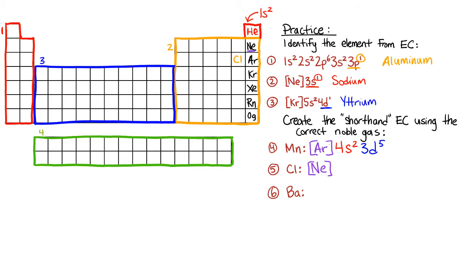And what we would find if we pick up after the 2p6 is 3s2, which covers these, and then you jump across to the p section and go 5 deep into the 3p row. And it would make sense that it is neon 3s2 3p5.